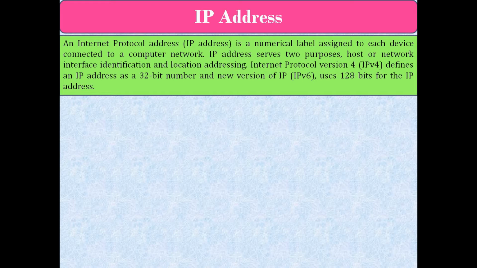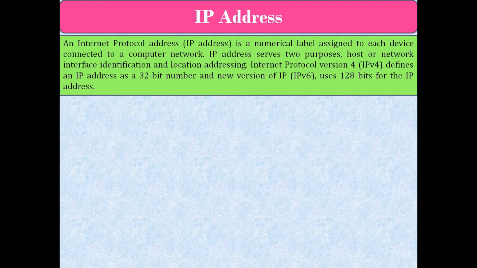If you want to find a location, we need the IP address. Internet Protocol version 4 defines the IP address as a 32-bit number, and now a new version, IPv6, has come, which uses 128 bits for the IP address.